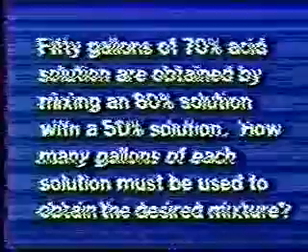Here's a mixture problem. 50 gallons of 70% acid solution are obtained by mixing an 80% solution with a 50% solution. How many gallons of each solution must be used to obtain the desired mixture? Now, it turns out that we build an equation from a verbal model which is emulated by the mixing process itself.